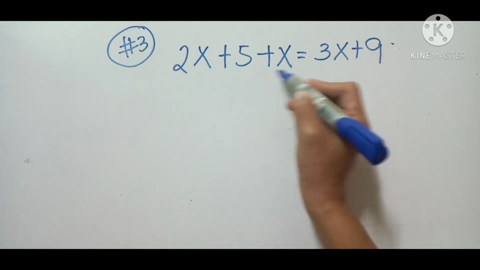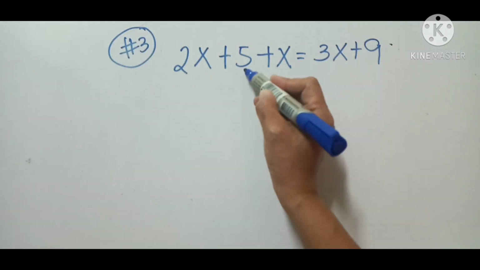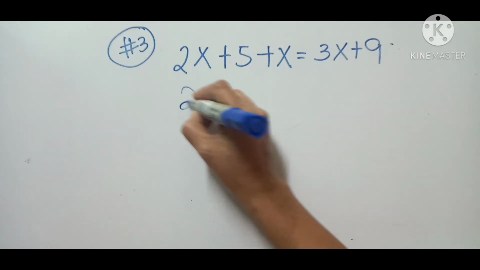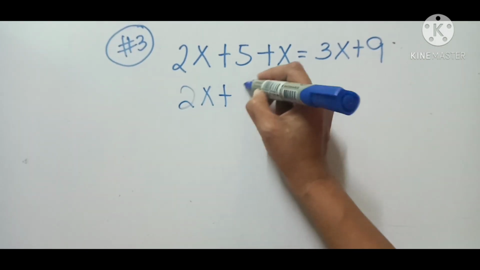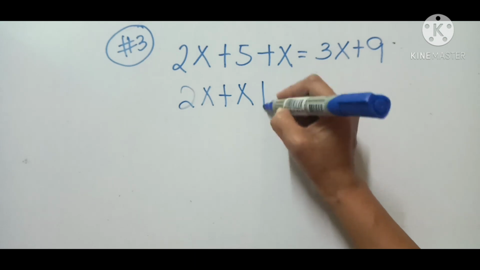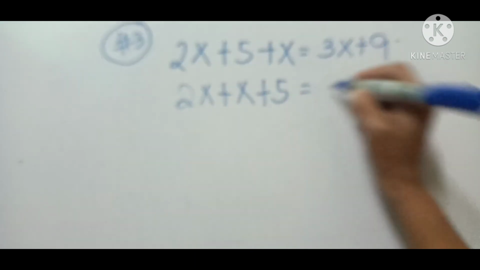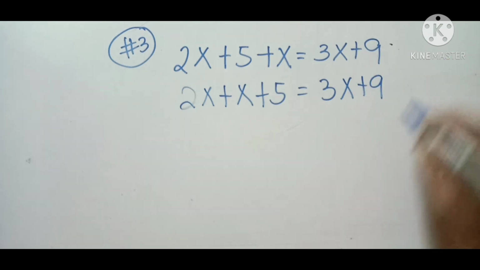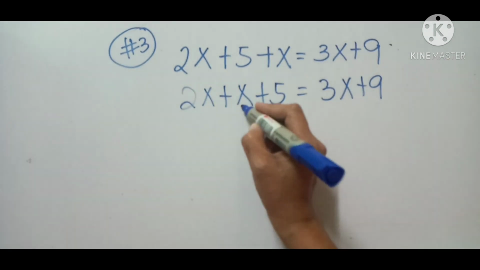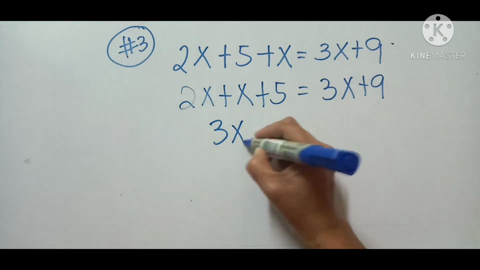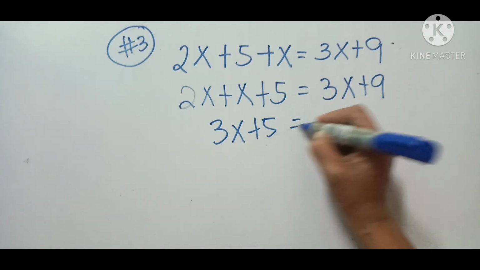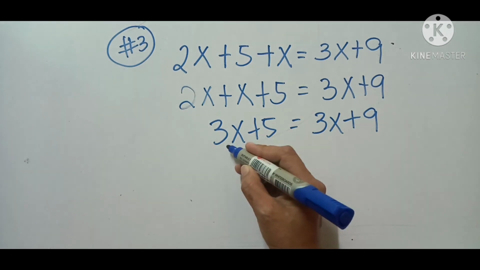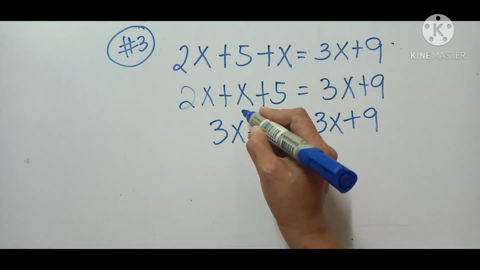Last example, 2x plus 5 plus x equals 3x plus 9. Again, combine like terms. 5 is a constant. Copy 3x plus 9. Add 2 and 1. So it's 3x plus 5. Then copy the rest. Do transposition. We will see if they're equal to each other.